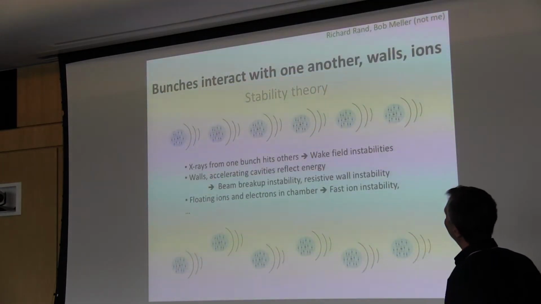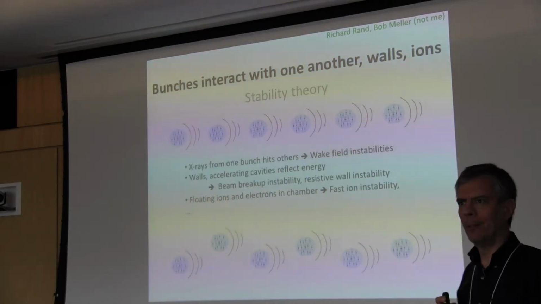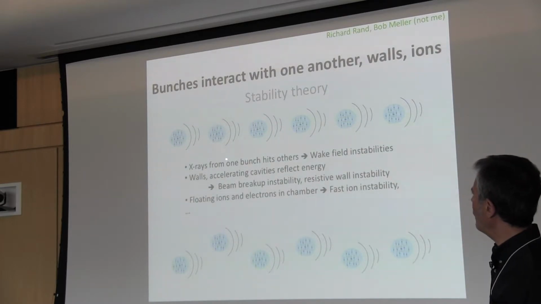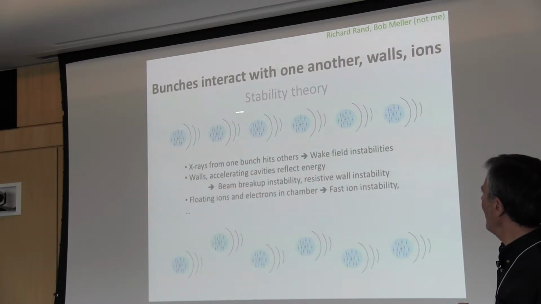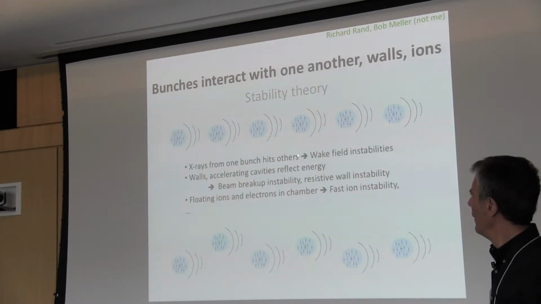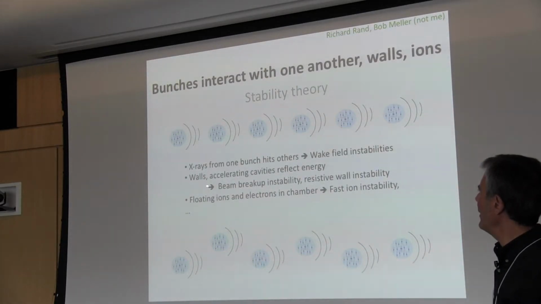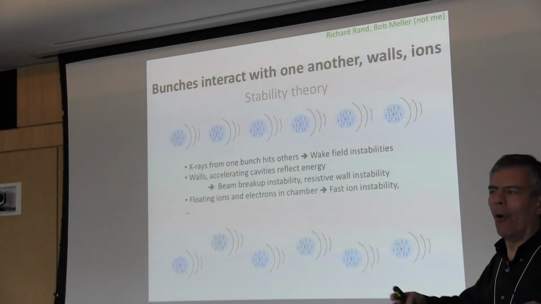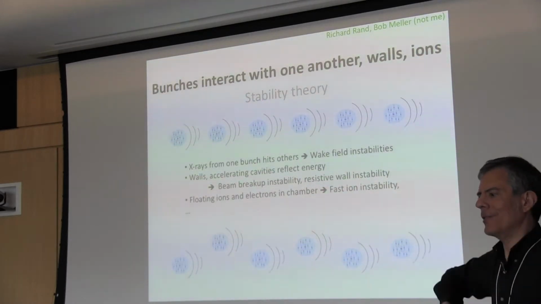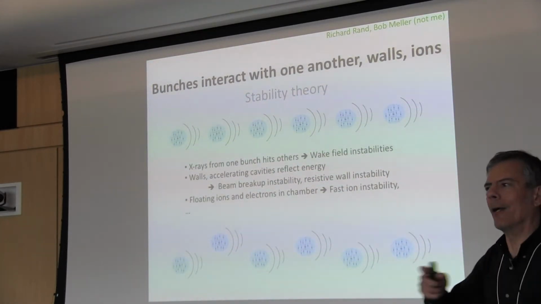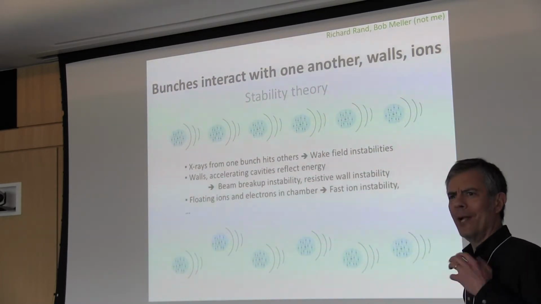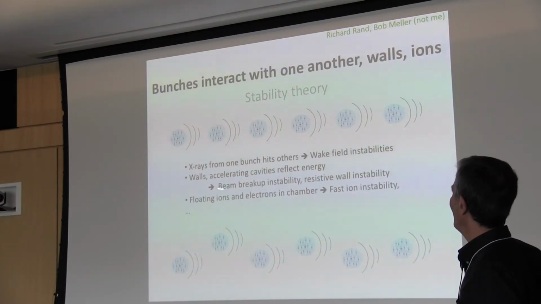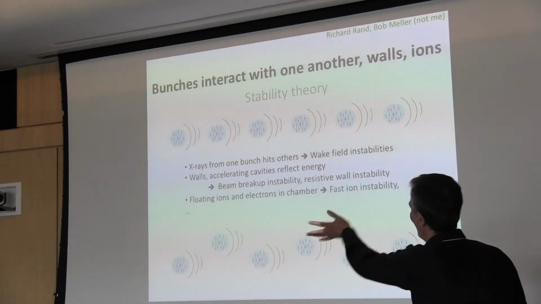And then finally, bunches will interact with one another. You've heard people talk about wake fields. If X-rays from one bunch hit the others, these are called wake fields. If the X-rays hit the walls and the walls then bounce off, or if they go through a resonant cavity and start producing a gong as it leaves, like a bell being hit, then these lead to beam breakup instabilities and resistive wall instabilities, a whole bunch of things.